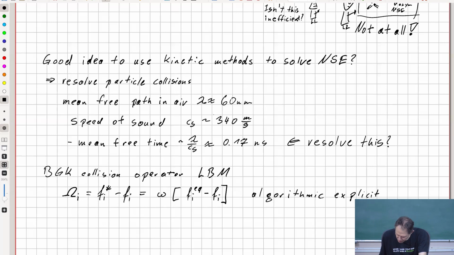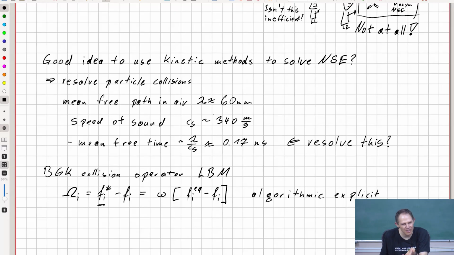So why is it explicit? The thing that we want to know is the after-collision part. Usually this is written down a little bit differently. We put this F_i on the right hand side, because everything that we know we put on the right hand side.